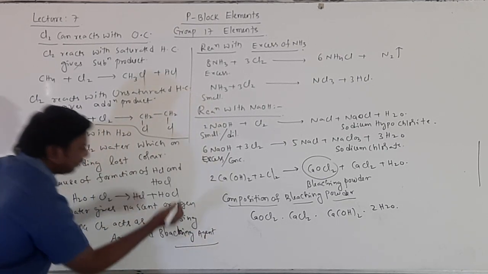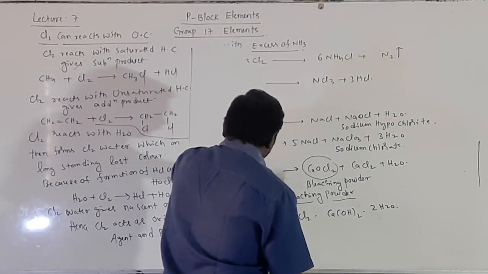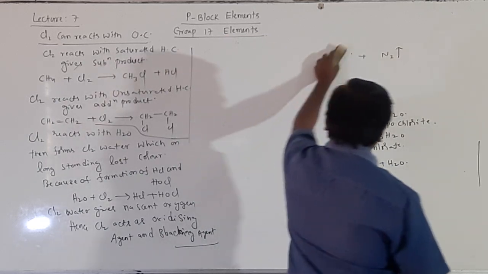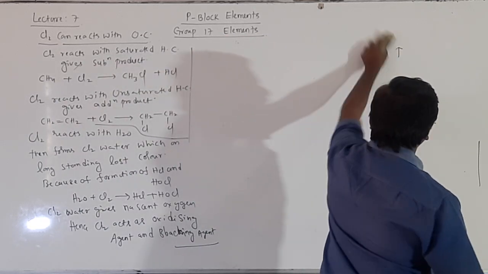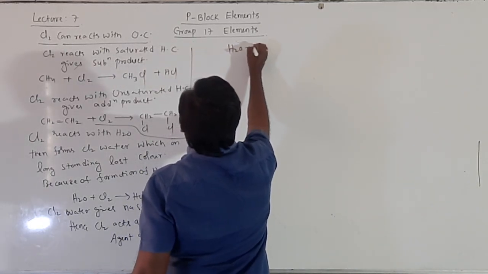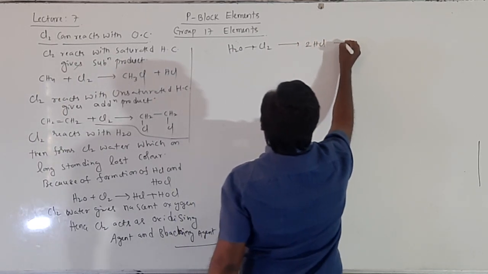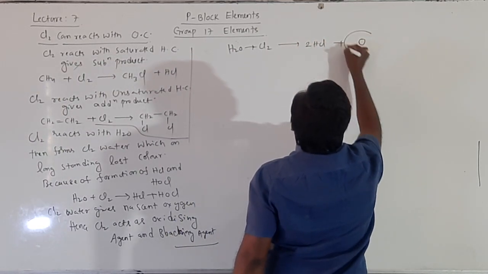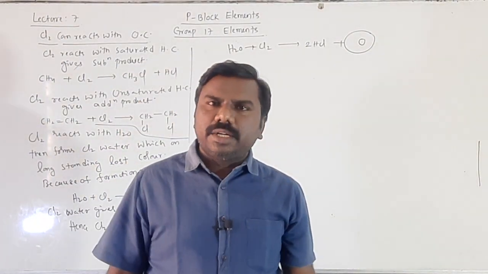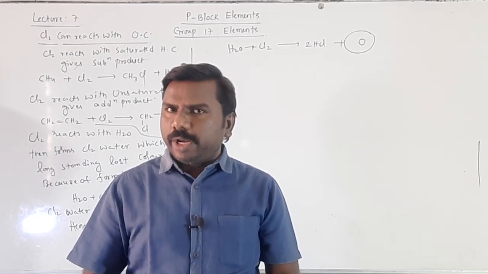It means the release of nascent oxygen is responsible for the bleaching action and oxidizing action of chlorine. So H2O plus Cl2 gives rise to 2HCl plus oxygen. This is responsible for the oxidizing action and bleaching. It means the cleaning action of chlorine.